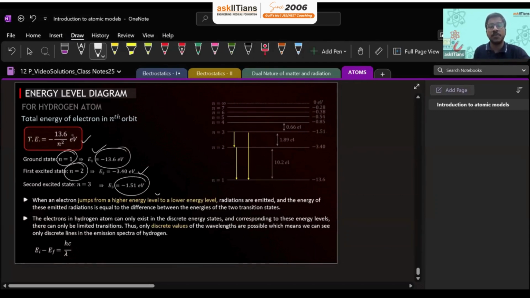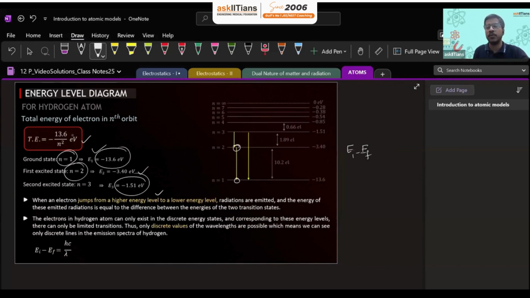When an electron jumps from a higher energy state to a lower energy state, radiation is emitted, and the energy of this emitted radiation is equal to the energy difference of these two states, right? Like if an electron jumps from this level to this level, the photon emitted will have energy equal to the energy difference between those two states, like we have seen in Bohr's third postulate: E initial minus E final. This happens when we are jumping from a higher orbit to a lower orbit.